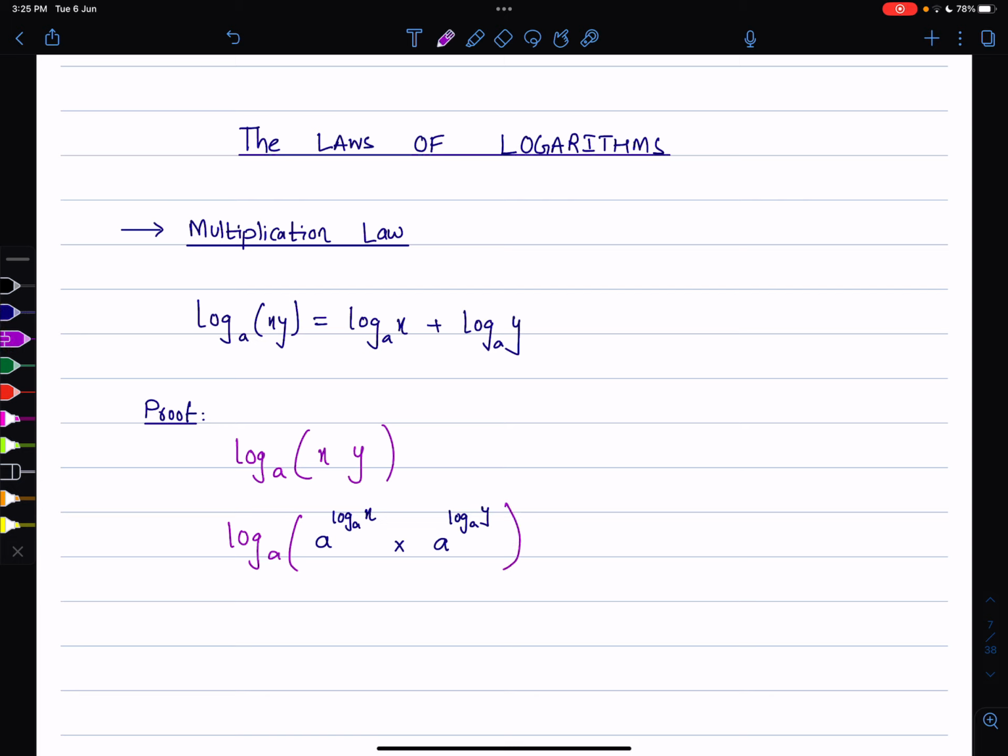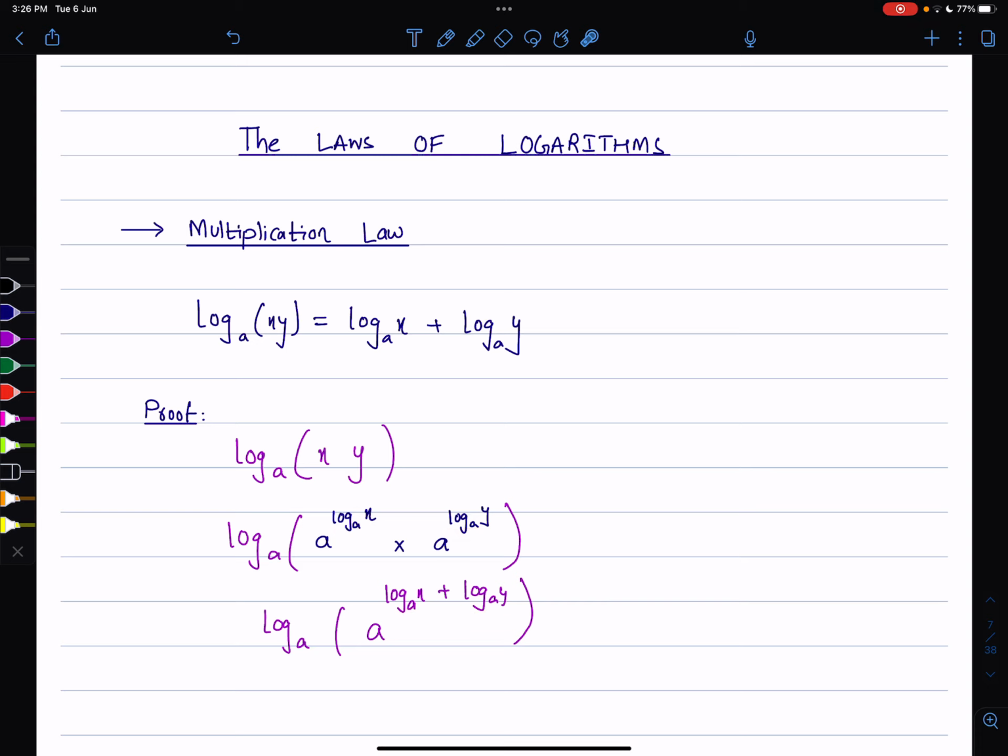Now since we have the same bases, the powers are going to be added together. So log to the base a of a to the power of log to the base a of x plus log to the base a of y. When we have the same bases being multiplied, the powers add up.